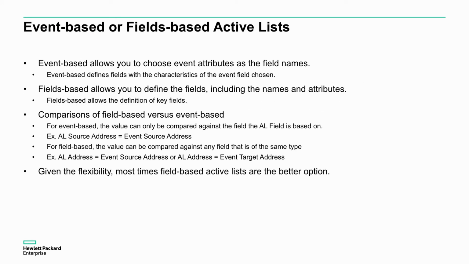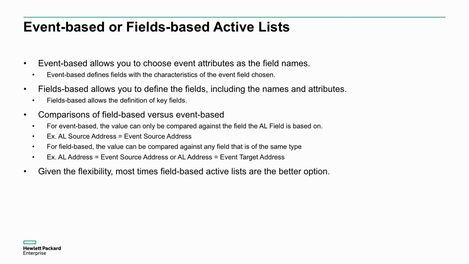Just as a quick note, there are what we call event-based or field-based active lists. Event-based allows us to choose the event attributes as field names. Field-based allows us to define the fields, including the names and attributes. It's fairly obvious when you come to use them, but the whole point here is that for event-based ones, a value can be compared, and for field-based, we're comparing against the actual field itself.